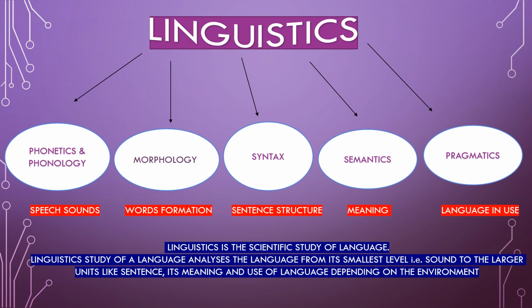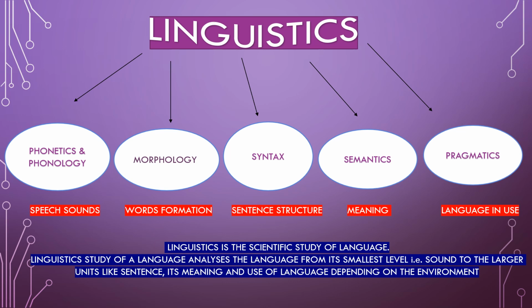There are different levels of linguistic analysis, as you can see here. The basic level is the level of sound. Phonetics and phonology study the human speech sound, its production, transmission, reception, and the variation of sounds depending on environment.